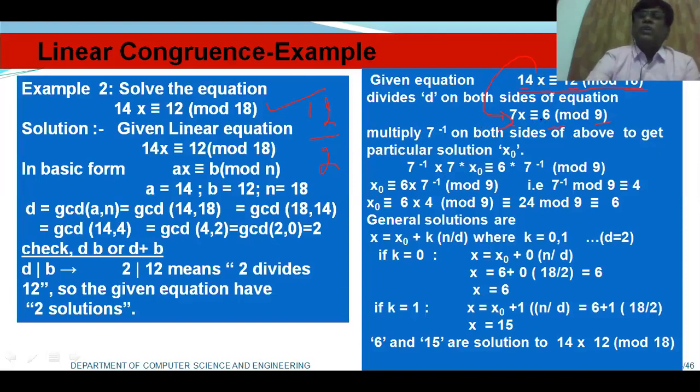Now multiply both sides of this equation by the multiplicative inverse of 7. Assume this is the 7 inverse.